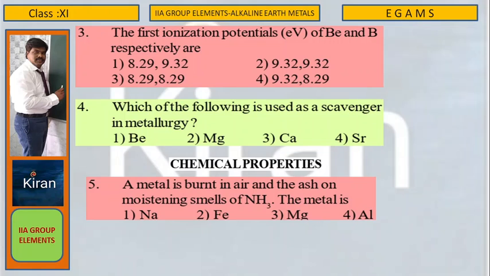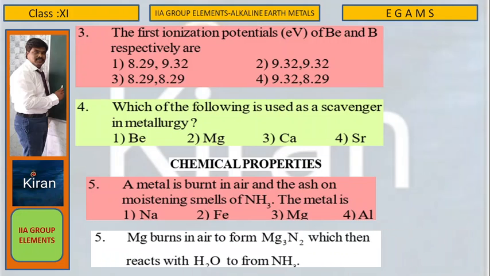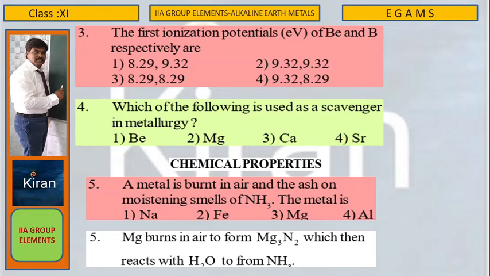The metal is sodium, iron, magnesium or aluminium. So magnesium should have such a characteristic property. Magnesium burns in air to form magnesium nitride, which then reacts with water to form ammonia. Ammonia has a pungent odor.